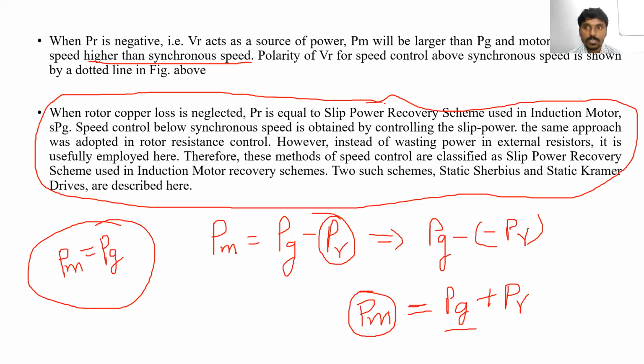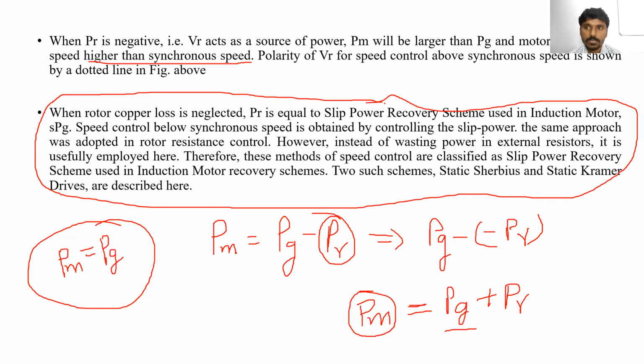This energy we are going to reutilize. So whatever scheme or method we use to reutilize this energy can be called a slip power recovery energy scheme. Is it clear?